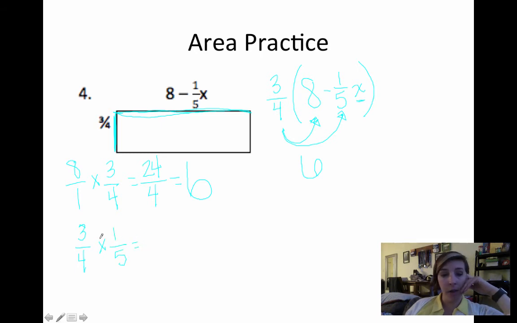All right, and then all I do is 3 times 1 is 3. 4 times 5 is 20. 3 and 20 don't have a common factor, so 3/20 is as simplified as this fraction is going to get. I need to make sure that I bring down this minus sign into my final answer. And then I have 3/20.